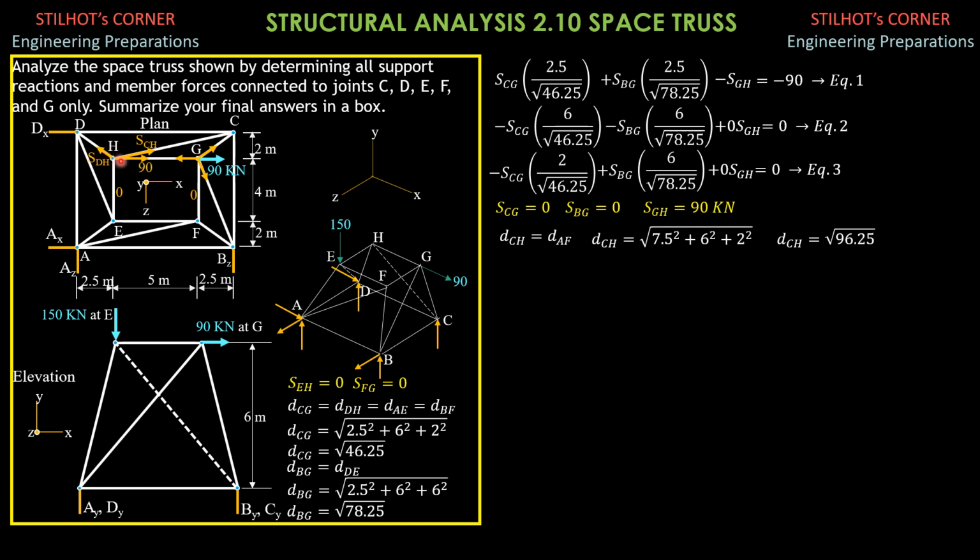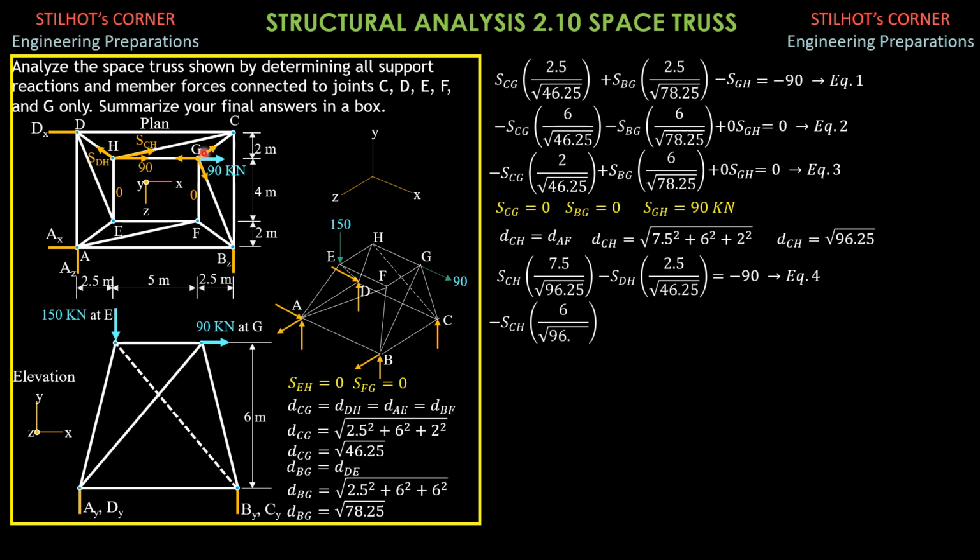Summation forces X equals 0, so SCH times 7.5 over square root of 96.25. SDH is negative, so minus SDH times 2.5 over square root of 46.25 plus 90 equals 0, so equals negative 90, equation 4. Summation forces along Y equals 0.